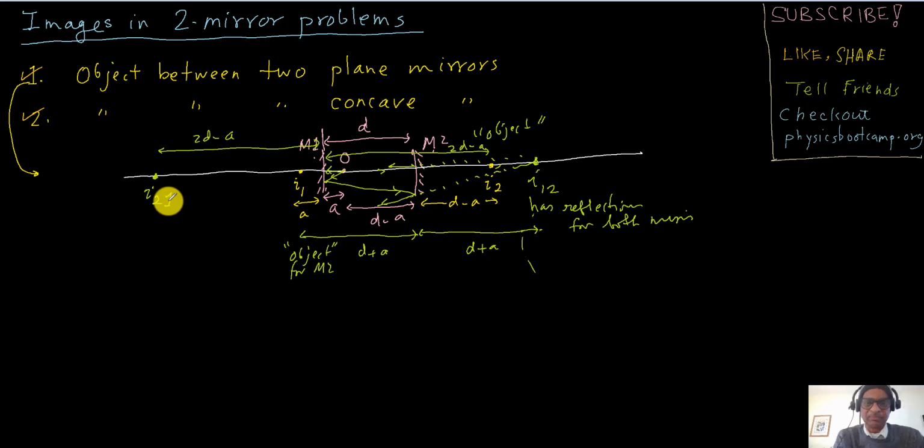So you can see now this will serve as an object for this, and this will serve as an object for that.